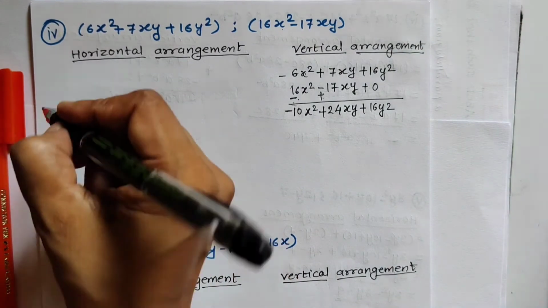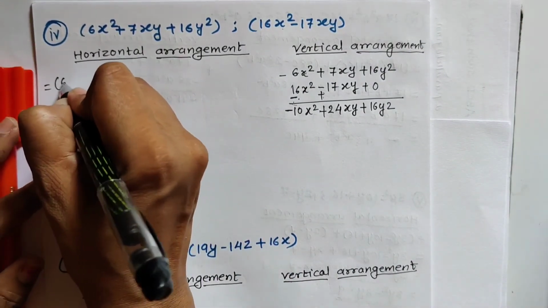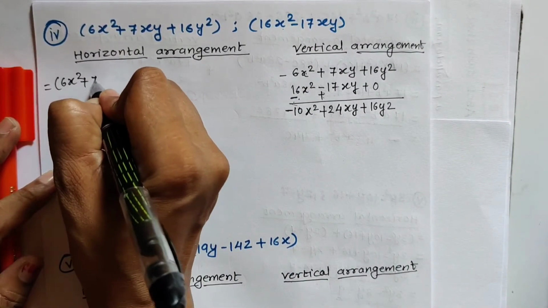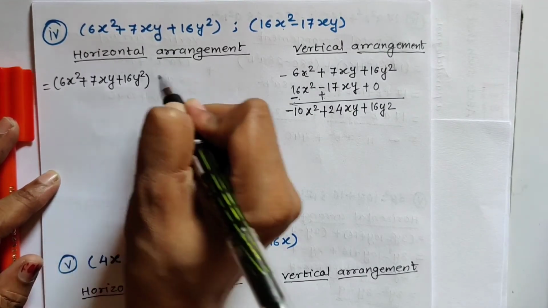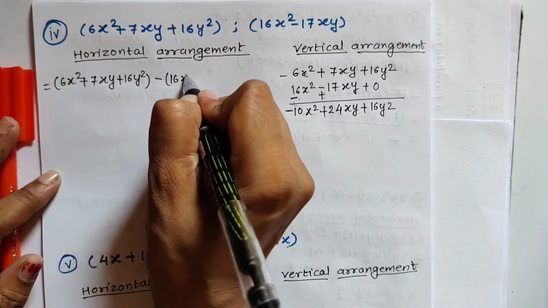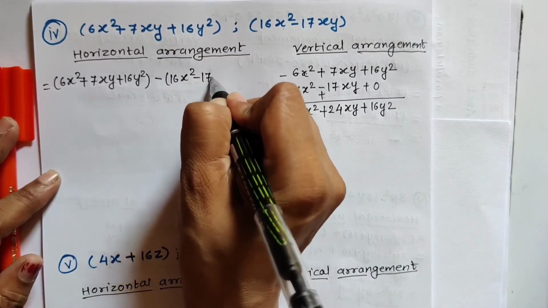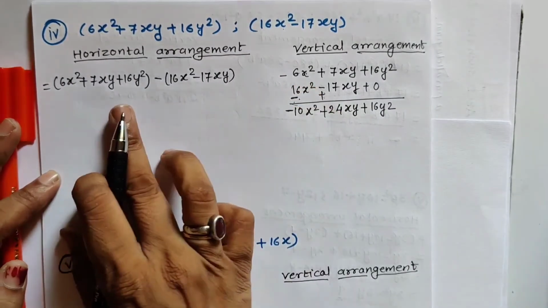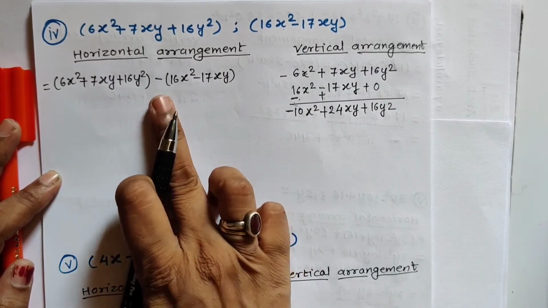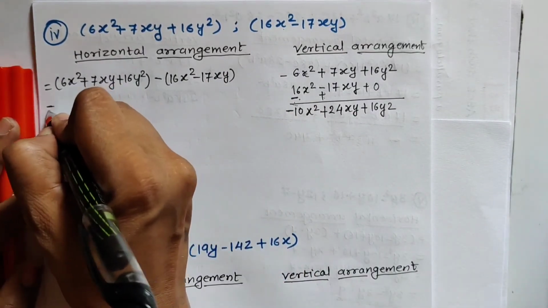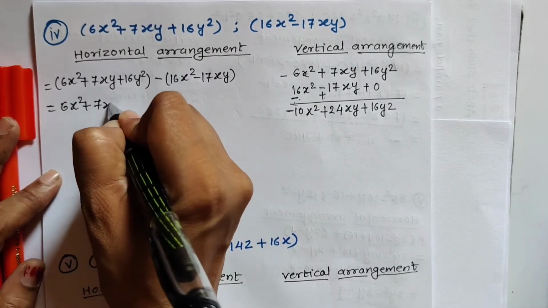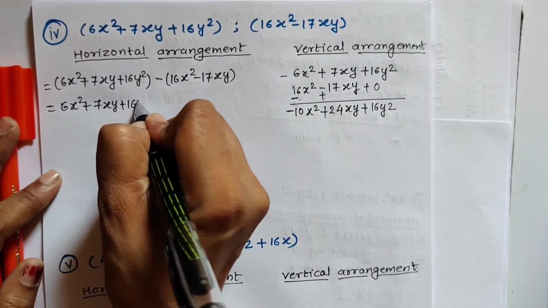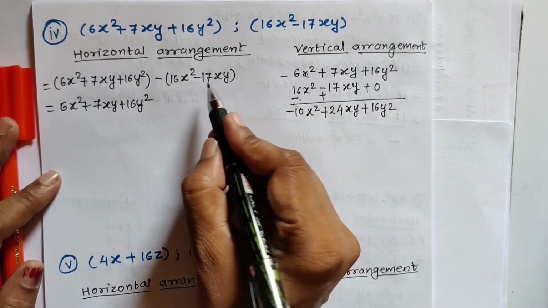Now write in the horizontal arrangement. 6x square plus 7xy plus 16y square. Put the minus sign between two brackets. So I have written both the polynomials in brackets and put the minus sign. Now we have to remove the brackets. Now change the sign of second bracket.